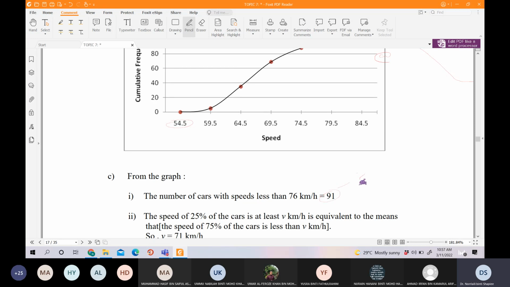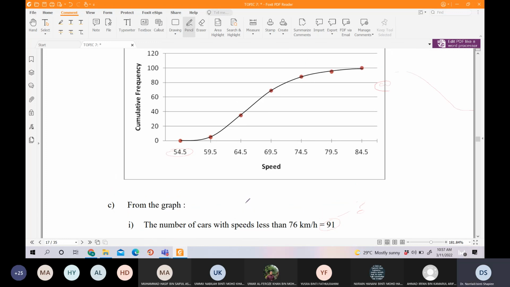How do you get 91 here? Do we consider 91 as the y-axis or x-axis?